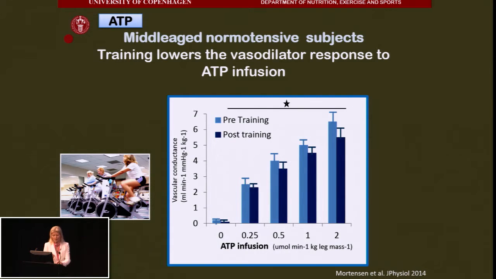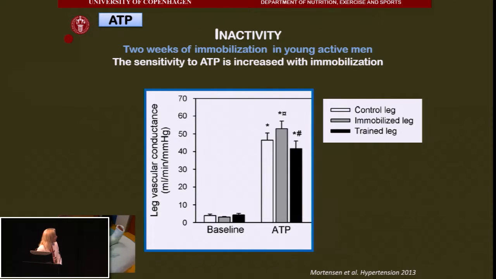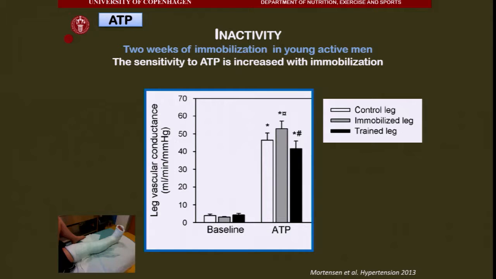So you're losing sensitivity. And this fits well with our findings on immobilization. So again, 2 weeks of full-length cast in young active individuals. And you're looking at the response in conductance to ATP, or vasodilation to ATP infusion.